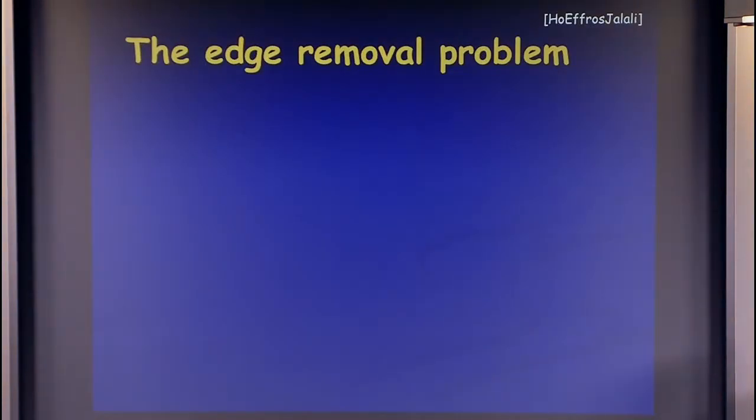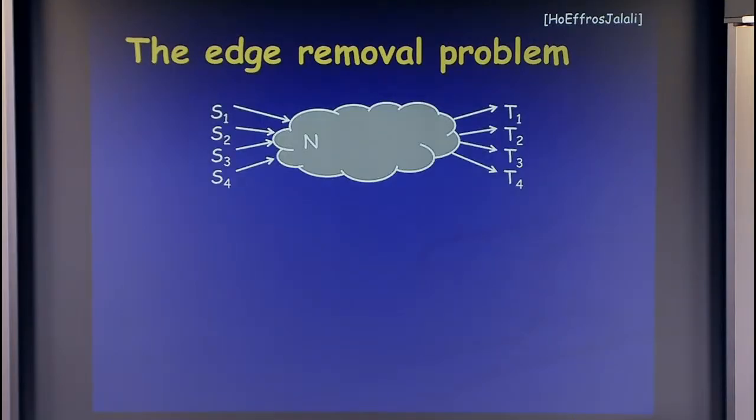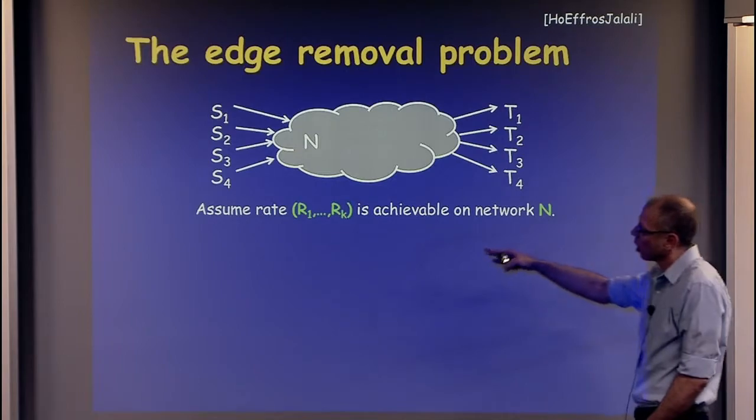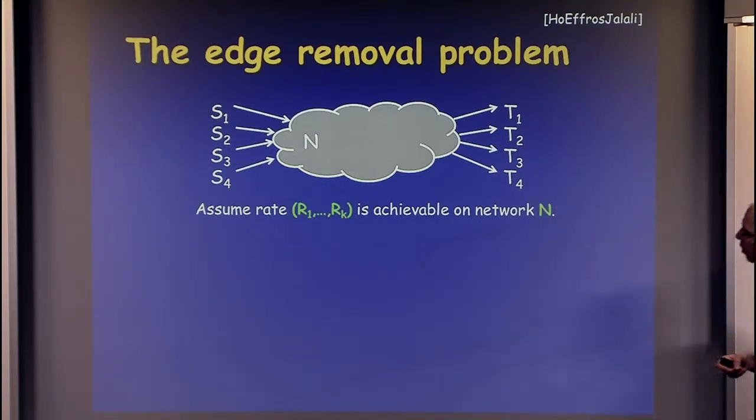Okay, so I want to talk about the edge removal problem that was discussed in the last lecture of Michel. This is a problem that was suggested a few years ago by Michel and co-authors. So I'm given a network, let's say multiple unicast, and I know that I can communicate over this network with a certain rate tuple R1 to Rk. So R1 to Rk is achievable on the network.